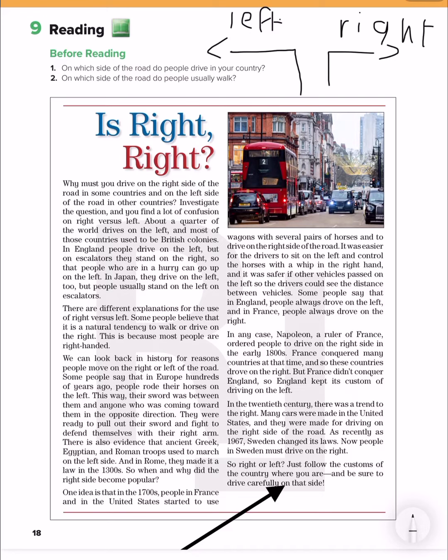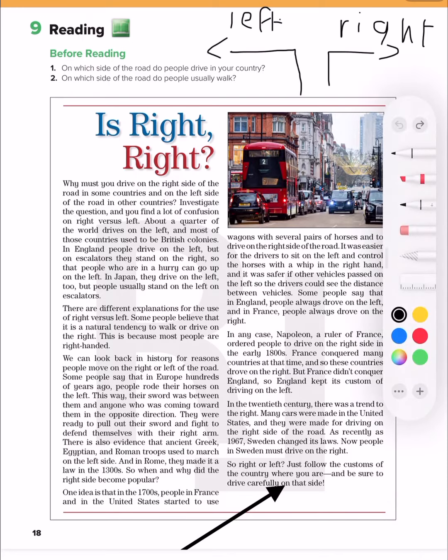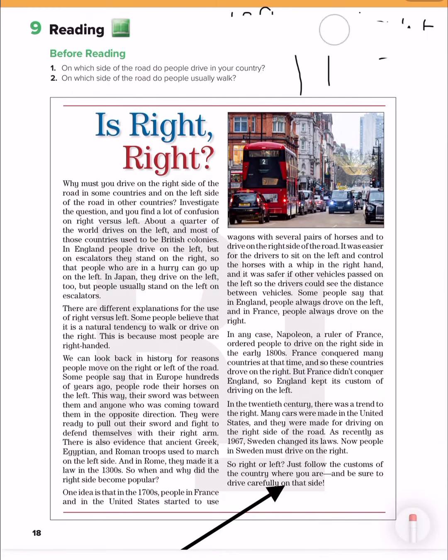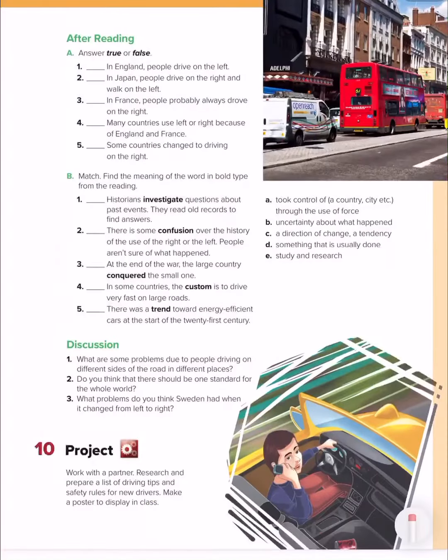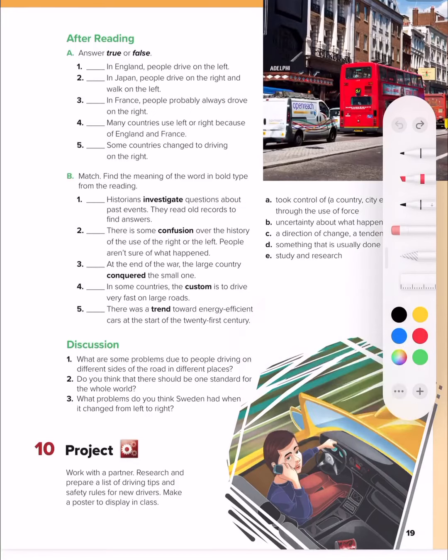So in some countries, you take the right side, and in some countries you take the left side. So it depends on the customs of the country. Then let's now move to the questions that we have.